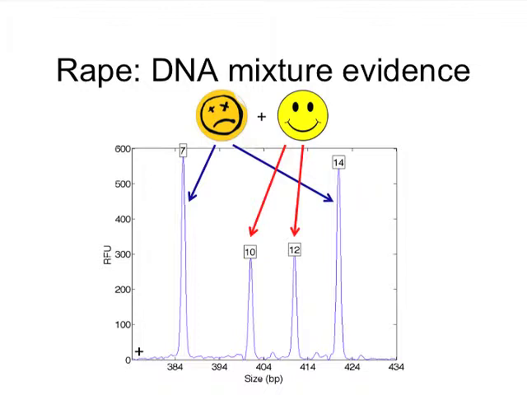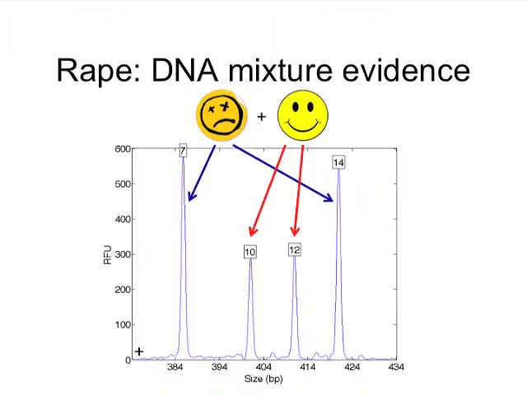And so the data is not simply 1 or 2 peaks representing the 1 or 2 alleles from an individual's DNA genotype. Instead, as you see in this data taken from a sexual assault case, there are 2 tall peaks, a 7 and a 14, that came from the victim. There are 2 low peaks, a 10 and a 12, that came from an assailant.